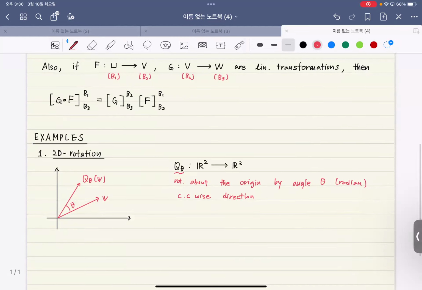Because of our discussion in my previous lecture, we all agreed that this function is indeed a linear transformation. Now I want to find a matrix representation of this transformation in terms of the standard basis. By standard basis, I mean this one and that one. The collection of these two vectors I will call the standard basis.